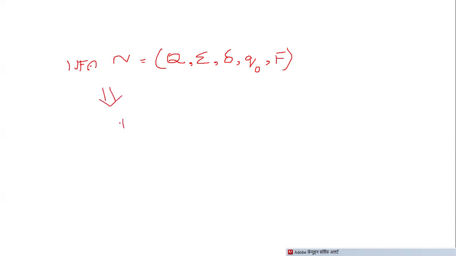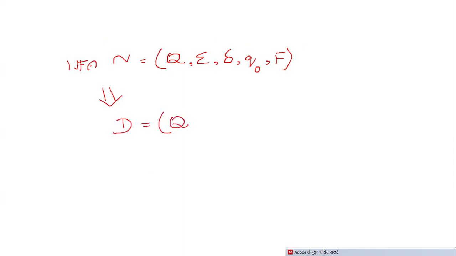For this, we can write a statement. Let us take the given NFA as N. We can represent a finite automaton as a 5-tuple. The first element is the set of states Q, comma, the input alphabet sigma, comma, the transition function delta, comma, the initial state q0, comma, the set of final states F. And we are going to convert this NFA to a DFA D, which is also represented as a 5-tuple.